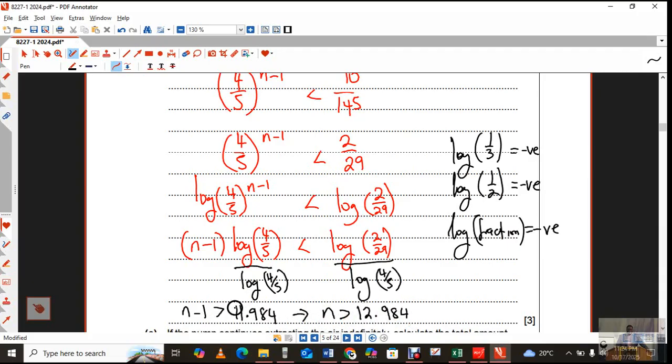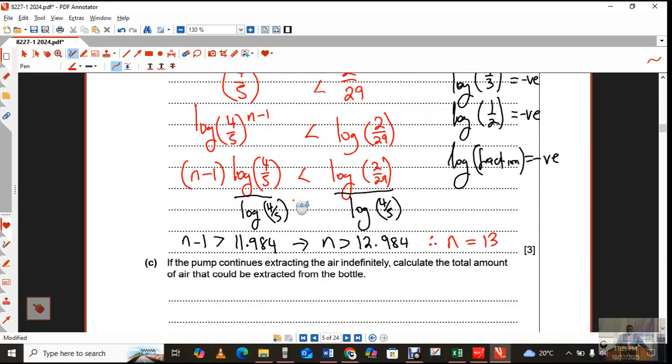I'm adding 1 to both sides. But then what is the number? Because you are looking for a value. That implies what number is greater than 12.9. Therefore, n is equal to 13. Okay, so that is the solution that we are looking for over there.